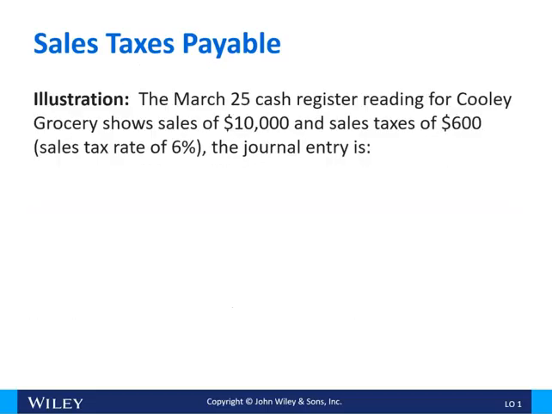The March 25th cash register reading for Cooley Grocery shows sales of $10,000 and sales tax of $600. The journal entry that we're going to record: debit cash $10,600. That's the amount of cash we received. Sales revenue, we're going to credit $10,000. That's the value that we sold, the items that we sold to our customers.